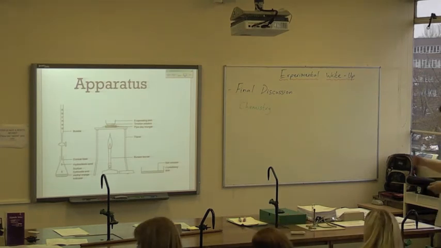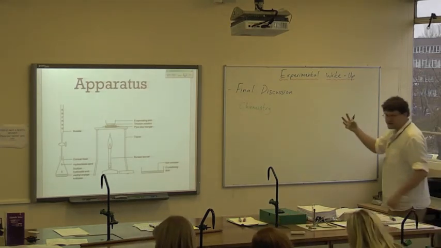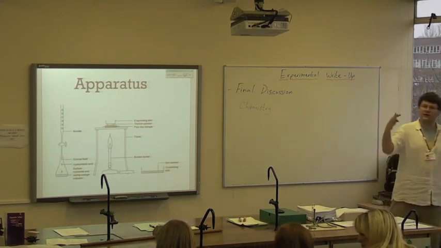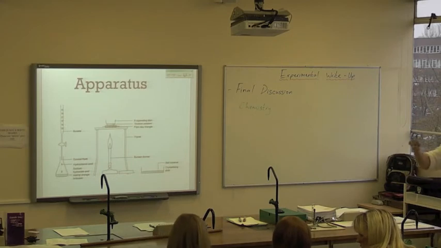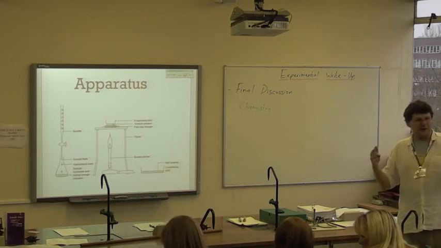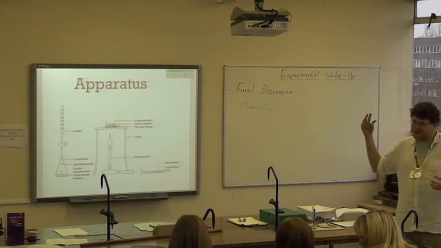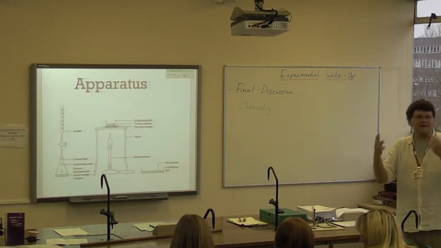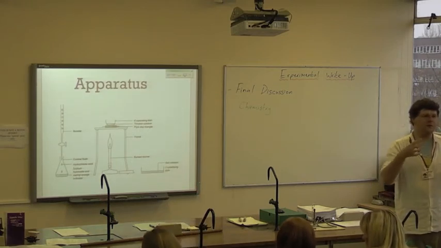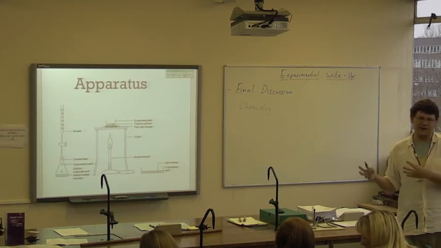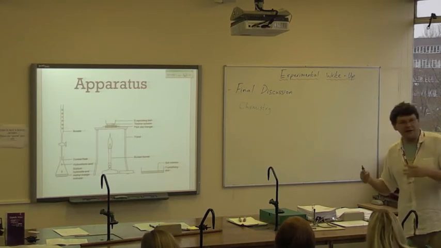Final discussion is very much about things that, whilst you've been looking up and researching the experiment and planning how to do it, you might spot something and think, oh, that's interesting, and you don't have a chance to put it anywhere else in the experimental write-up. But if it is interesting and it's a bit of extra information and it shows that you know more about this than just being able to do the experiment, then include it.